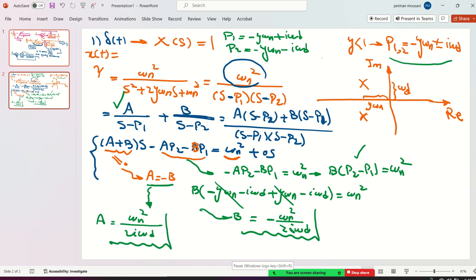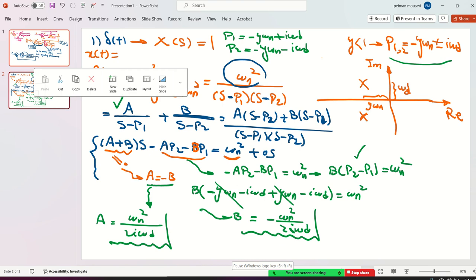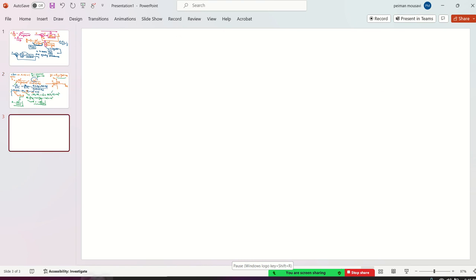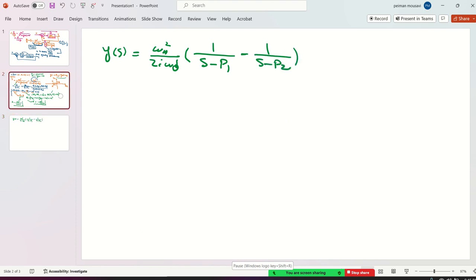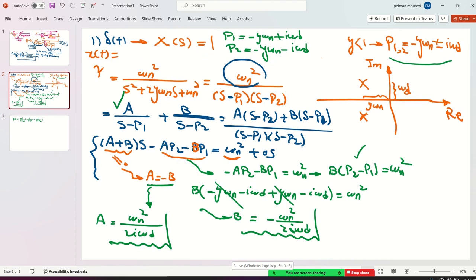So if you put here, can I go to next page? Yes. So you get Y of s is equal to omega n squared over 2i omega d, and here is 1 over s minus p1 minus 1 over s minus p2. I just put here. You got it, everybody?